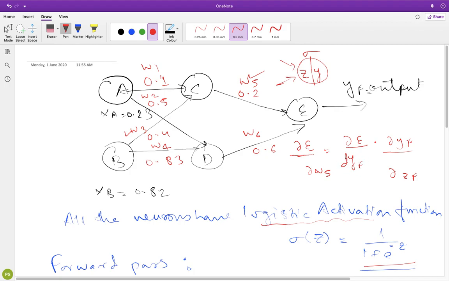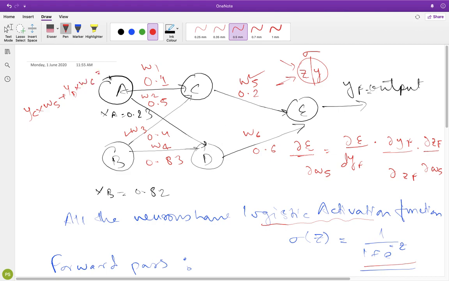YF is calculated with respect to Z, so we take the derivative with respect to Z, and the derivative of Z is calculated with reference to W5, so dZF divided by dW5. You multiply the output from C, YC, by the weight W5, plus the output of D, YD, times W6, and this equals ZF.